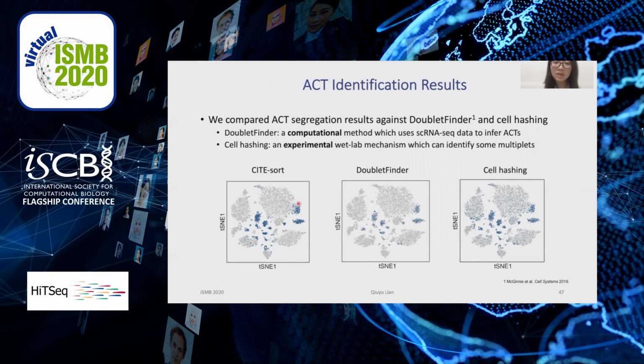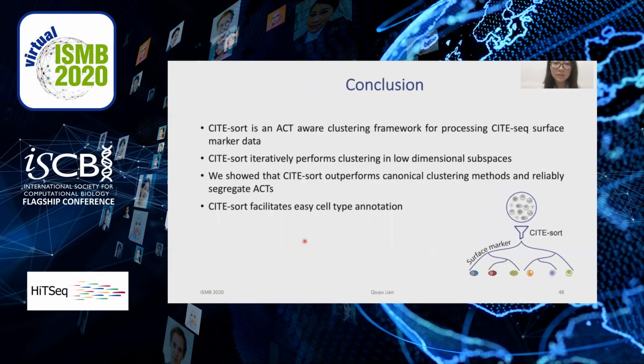If we compare the result with DoubletFinder, which is a computational method based on single-cell RNA-seq data to infer ACTs, we could see they are consistent with each other. We could also compare CITE-sort to Cell Hashing, which is an experimental method to identify multiplexed doublets. We could see that they are also consistent with each other. This result means CITE-sort can reliably segregate ACT clusters.